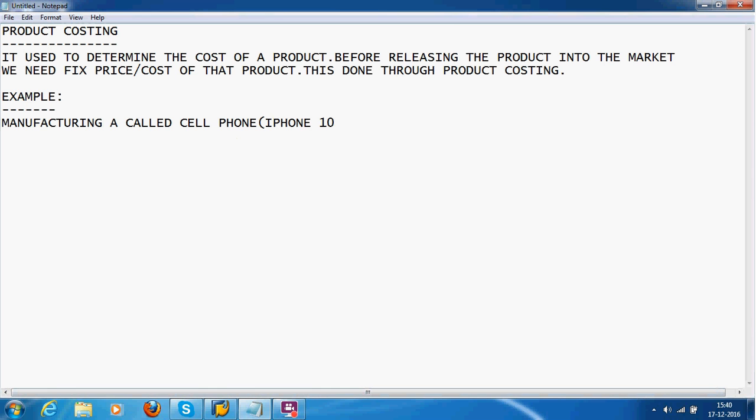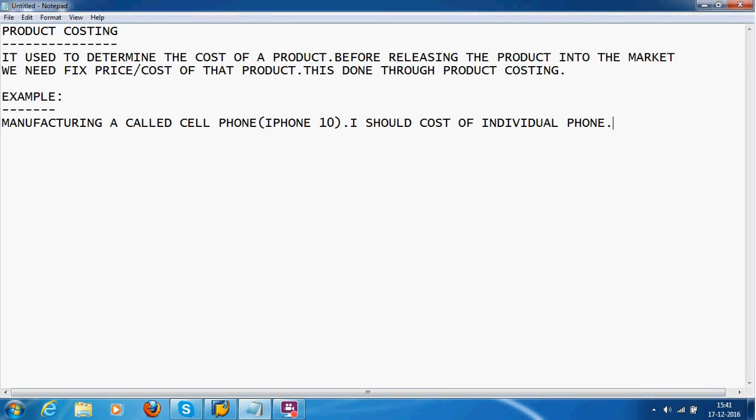Before releasing the iPhone 10 into the market, what should I do? I should fix the cost of an individual phone.